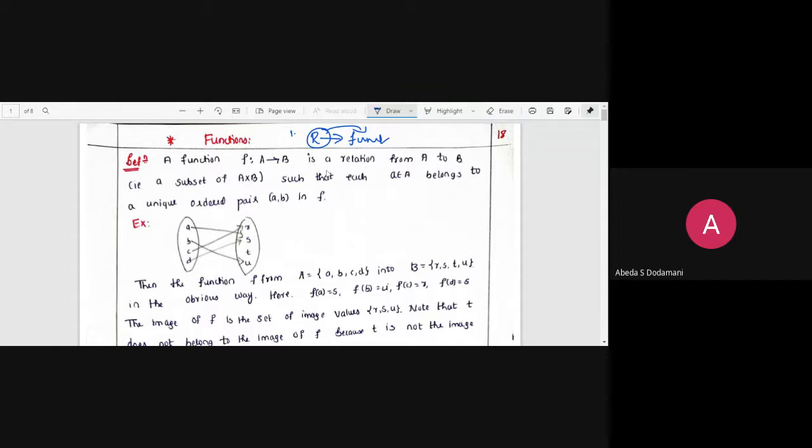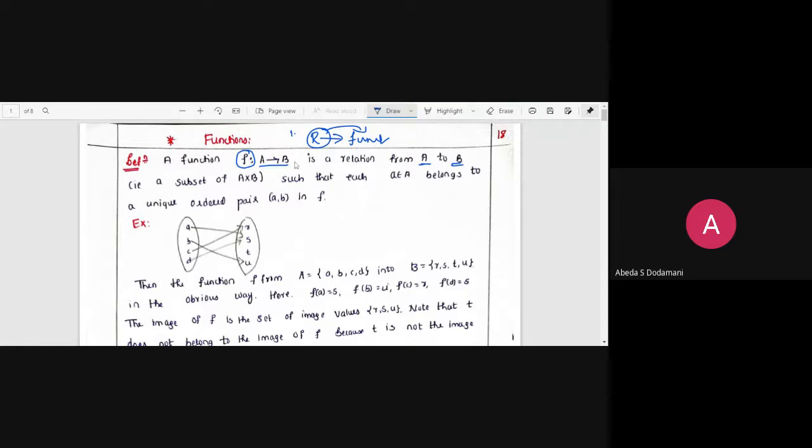Now we are taking the relations from the given set A to the set B. The function is nothing but a relation. This is sometimes called mapping from A to B. What kind of mapping? What kind of relation?